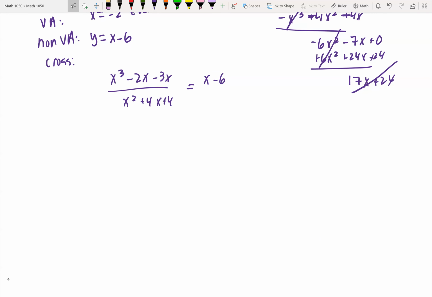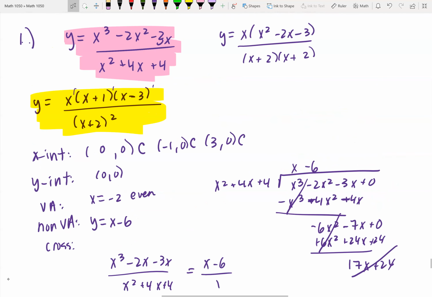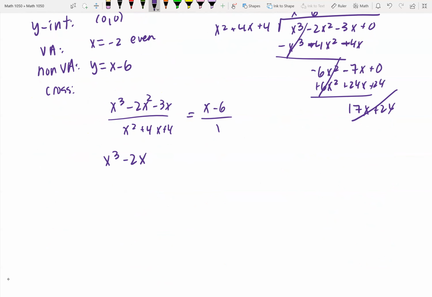This is kind of crazy, way more complicated than what you're going to see on the midterm, but when you cross multiply, you get x cubed minus 2x squared minus 3x. Cross multiply this way, distribute the x, and you have x cubed plus 4x squared plus 4x. Distribute the negative 6: negative 6x squared minus 24x minus 24.